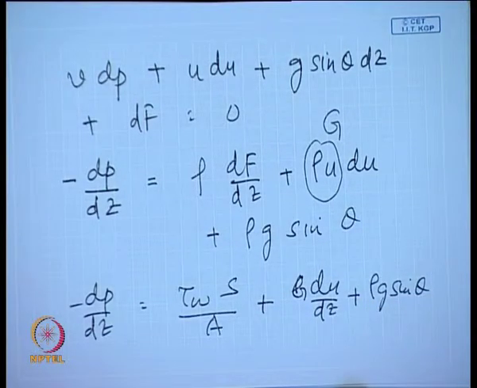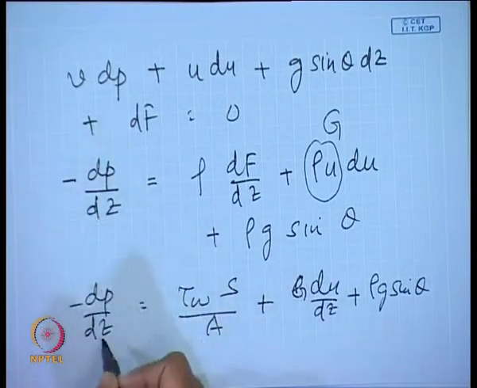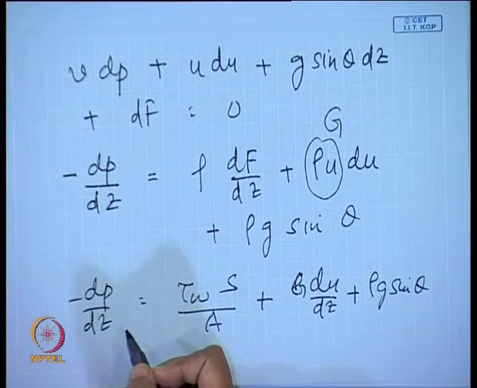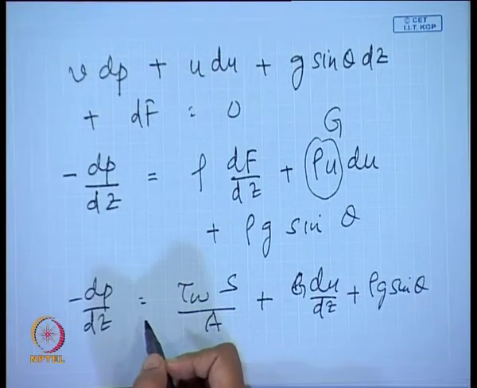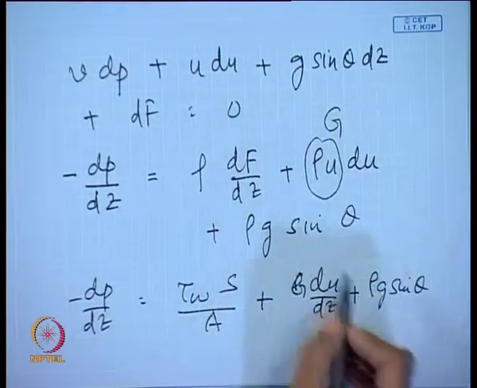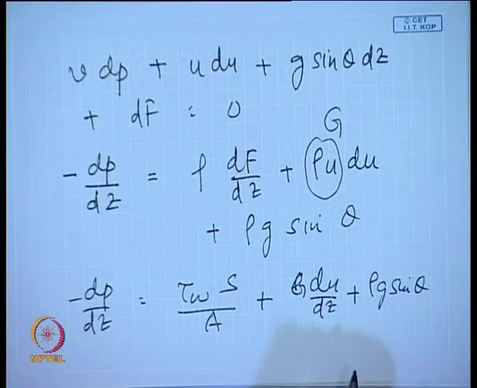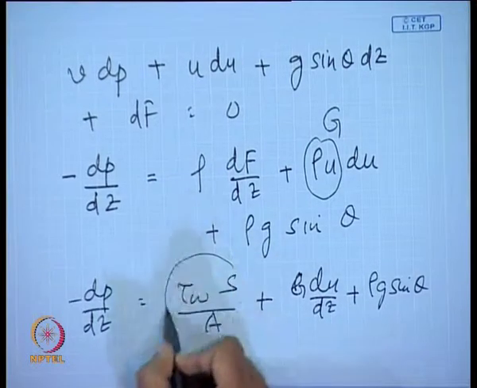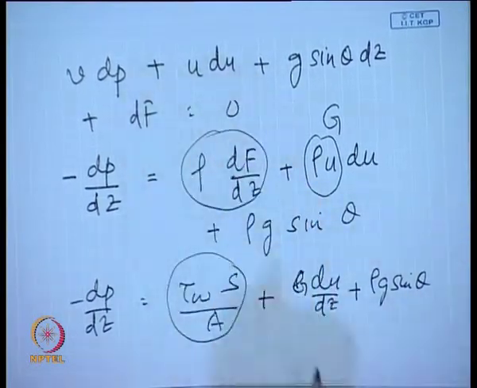Remember, we had derived this from the basic momentum equation. Both of them express the pressure gradient, and pressure is a property of the system, so each term must correspond to one another. We find that all the terms correspond except this term and this term.